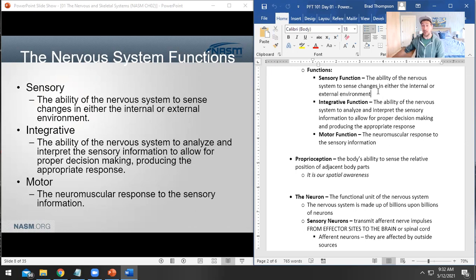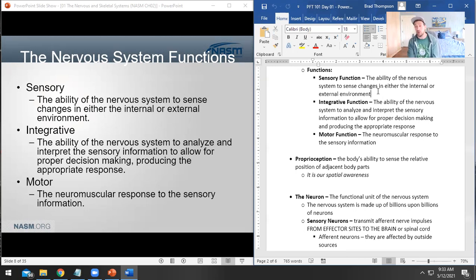If I grab a 10-pound dumbbell, how do I know not to use too much muscle and jerk my arm a million miles an hour towards the ceiling? How do I know to only recruit about 10 pounds worth of force to raise that dumbbell gently? Well, sensory function, right? My brain's going to say, oh, okay, that's about how much weight is being placed on the muscles there. That's about 10 pounds worth, right?